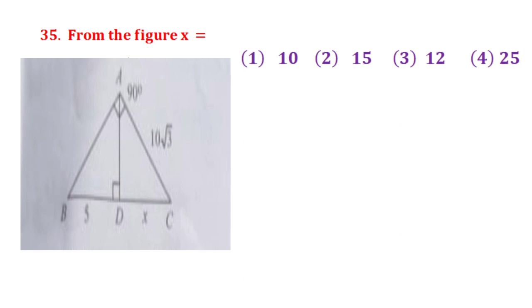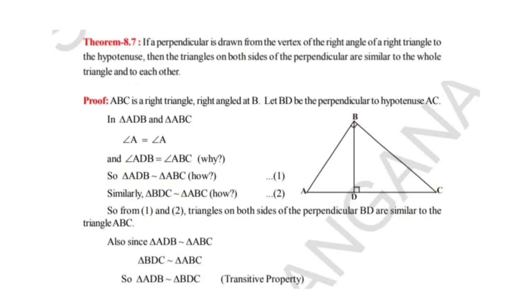35th question. From the figure, x equals to what? Here in the figure, AC, BD and DC, three values are given. Here angle A is 90 degrees and angle D is also 90 degrees. So this figure is related to theorem number 8.7, which is available in our 10th class maths textbook.